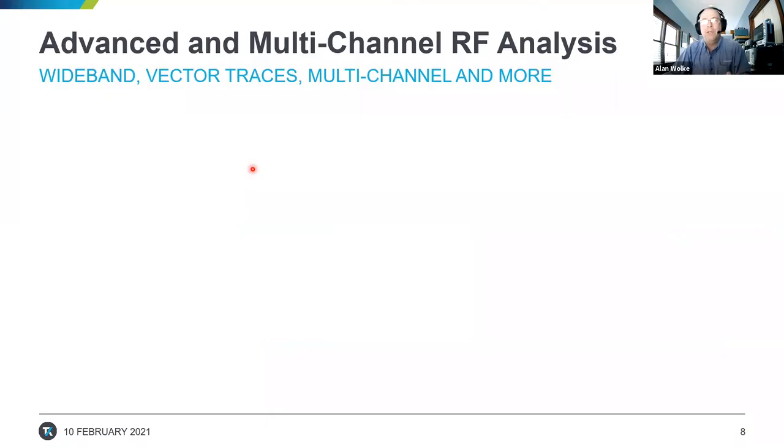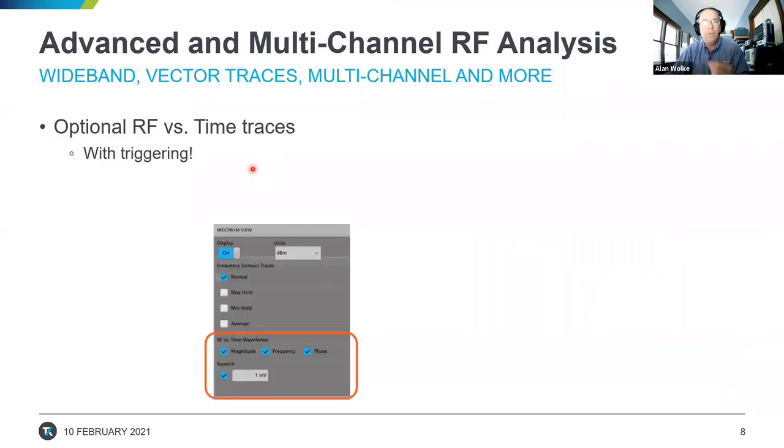Let's talk a bit about some of the advanced and multi-channel RF capability that we've got here as well. There is an option that can be added to the scope that adds what is known as the RF versus time traces. The frequency domain traces that I just showed you, normal, min hold, max hold, average, that's all standard. You get that for free.